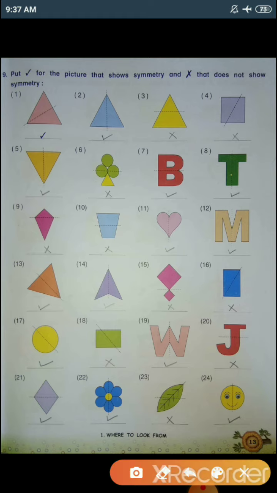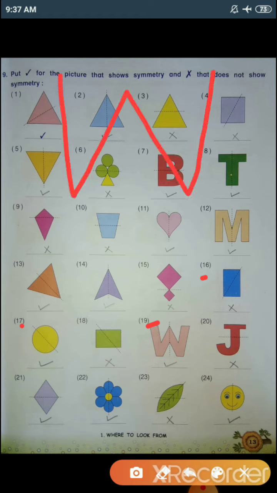Number 17 we have already done, and 16 is also done. Now we'll go through 19. The letter W is given and one vertical line divides this shape into two parts, part 1 and part 2.